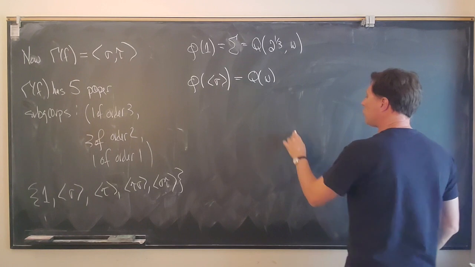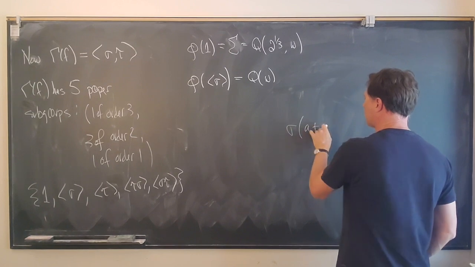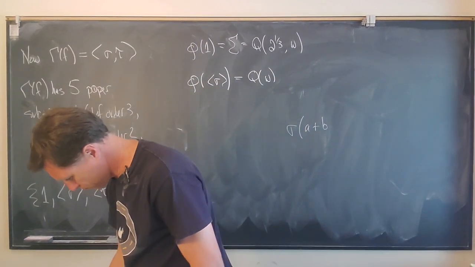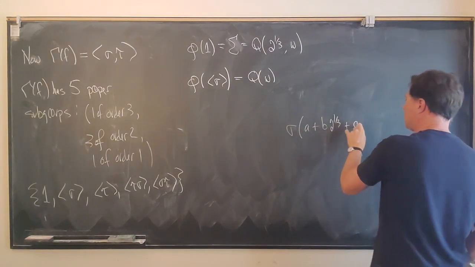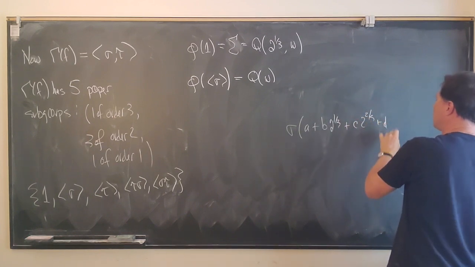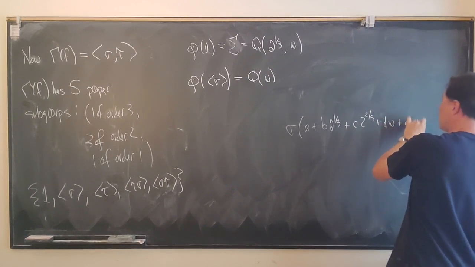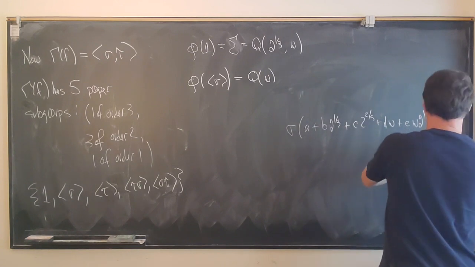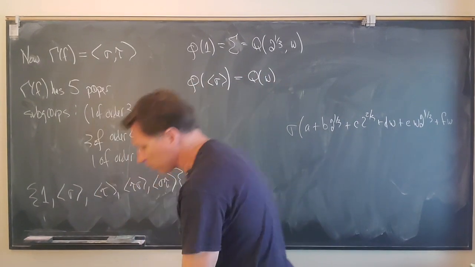So what you do is ask what happens if we apply sigma to A plus B times 2 to the 1/3, plus C times 2 to the 2/3, plus D times omega, plus E times omega times 2 to the 1/3, plus F times omega times 2 to the 2/3. Who's our basis? How do I write the basis out?